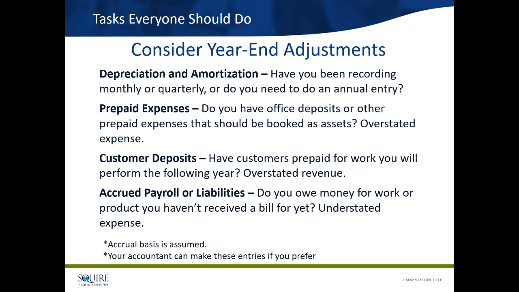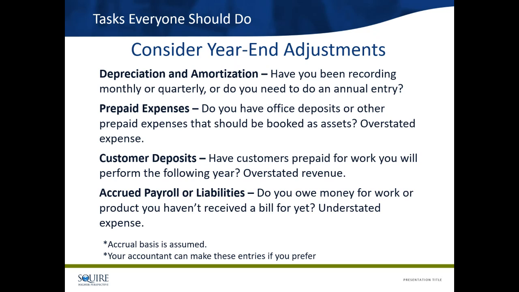Okay, year-end adjustments. This says, of course, at the top, tasks everyone should do. Maybe not everyone needs to do these, but it depends on your business. If you have those fixed assets, the equipment or vehicles, then you need to look at your depreciation or amortization. Amortization would be anything that's intangible.